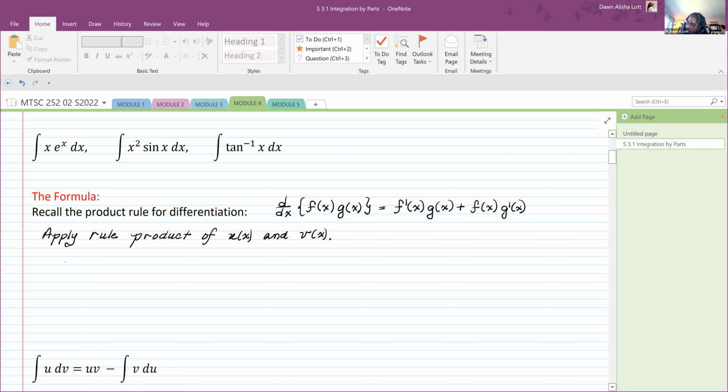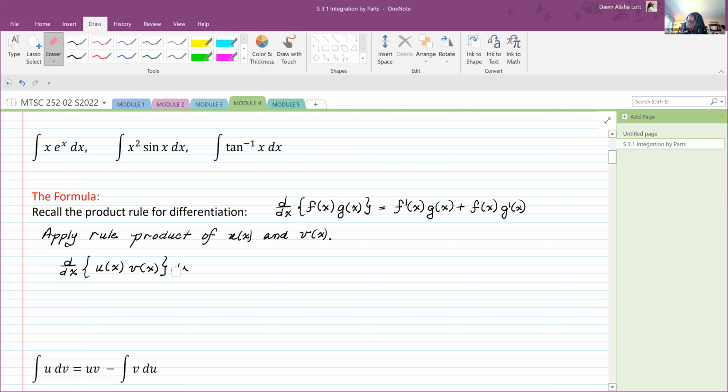So the derivative with respect to x of u of x times v of x is equal to the derivative of the first, u prime of x, times the second, v of x. And I just want the derivative.